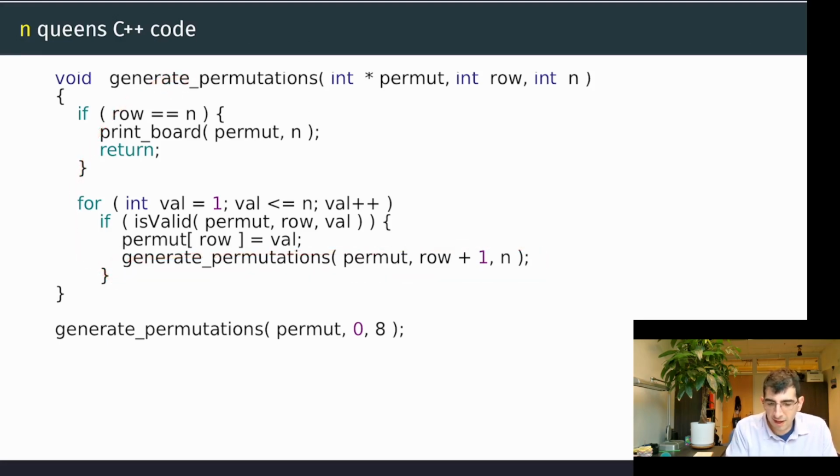At the next step, it will analyze the board and tell us if this partial permutation is valid. If it is, then we keep on going. If it's not, then we abandon ship and we go up the branch and go down another.